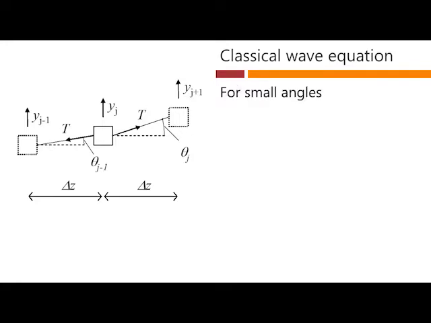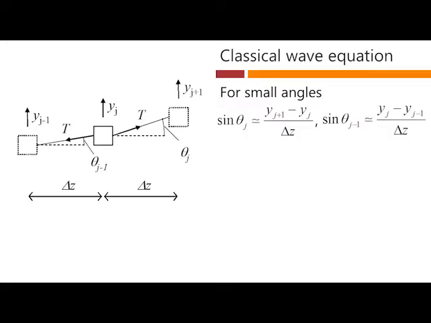Now, for small angles, we presume we can approximate the sine by just the angle, actually. So this angle theta_j for small angles is just the ratio of the vertical to the horizontal. So it's this distance vertically here divided by the delta z.